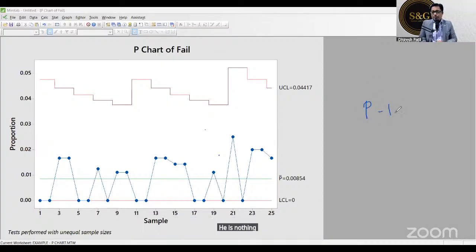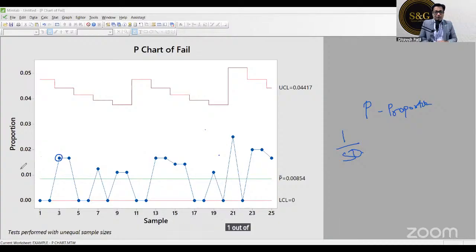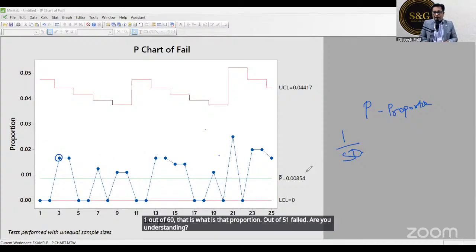P stands for proportion. So 1 out of 50. Whatever is there, this is that proportion. 1 out of 60, that is that proportion. Out of 50, 1 failed. Are you understanding? And this is called P bar. Whatever the proportion is, this is the average, 0.00085.